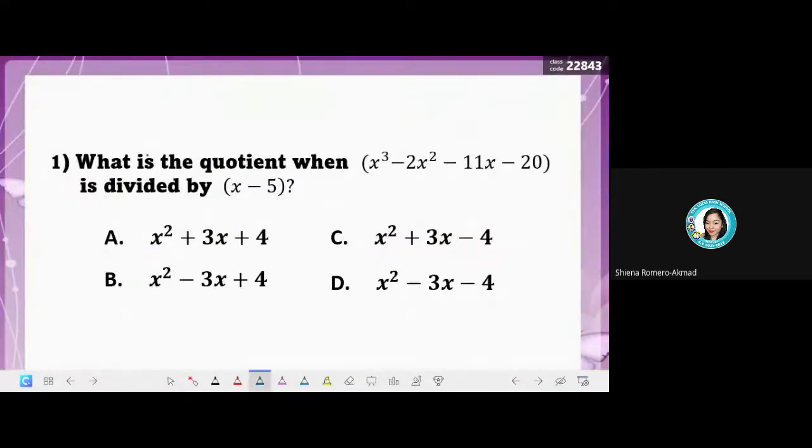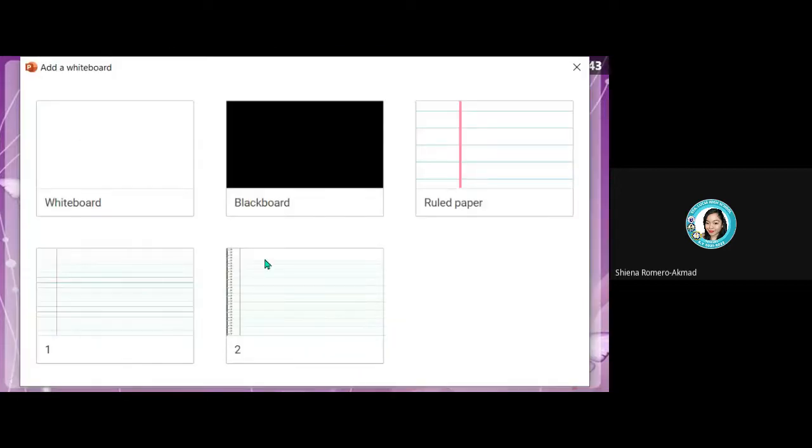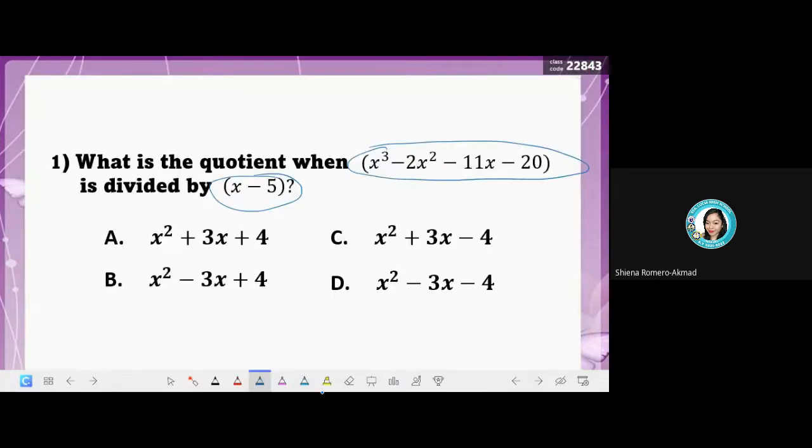So we have number 1, what is the quotient when x cubed minus 2x squared minus 11x minus 20 is divided by x minus 5. Pakisulat ito. Sige. 5, 4, 3, 2, and 1.